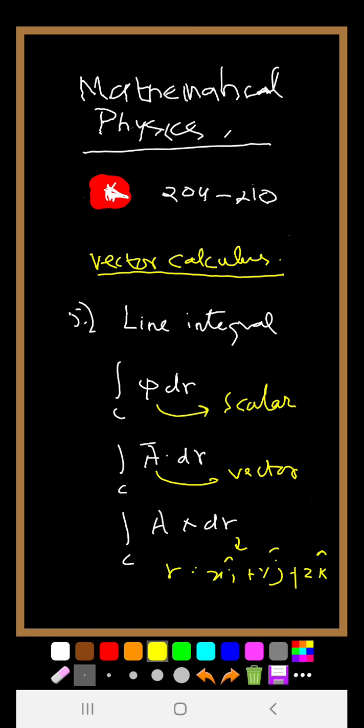Now based upon these vector integrals, we have two theorems.